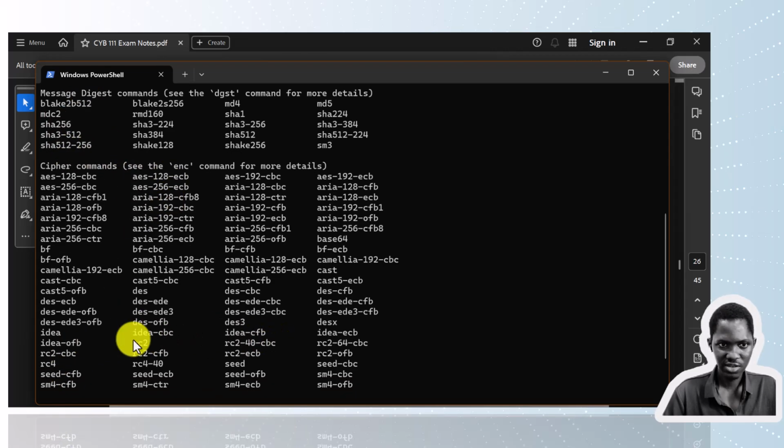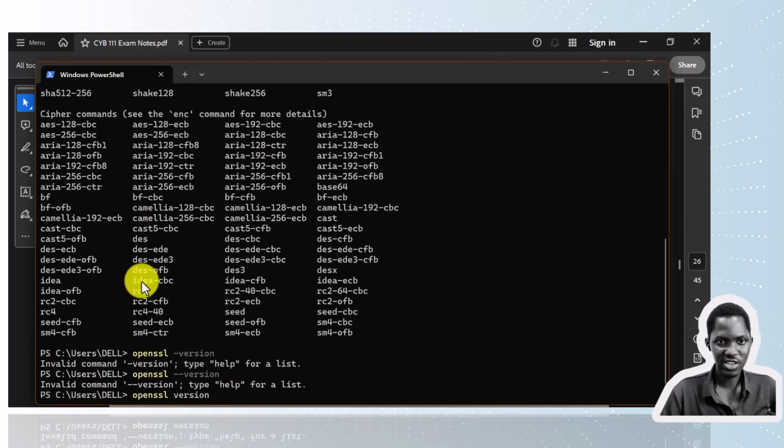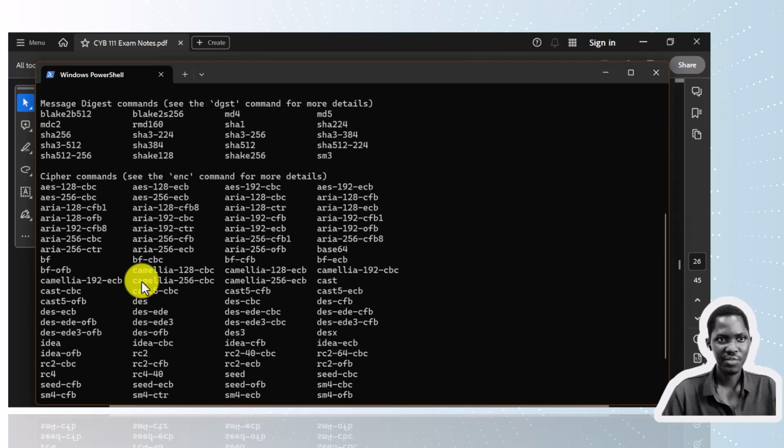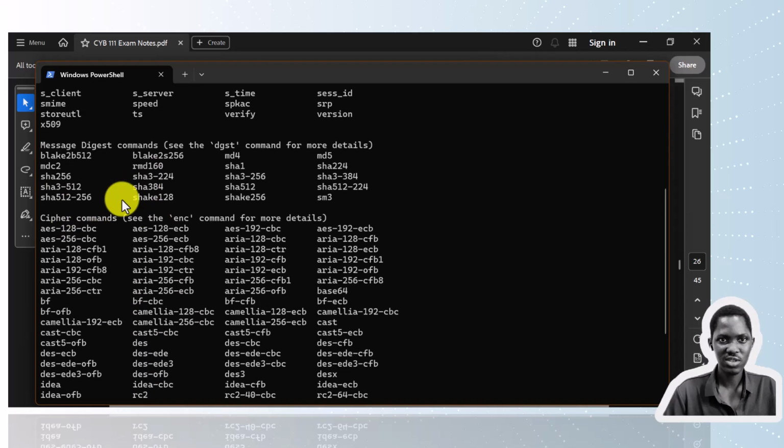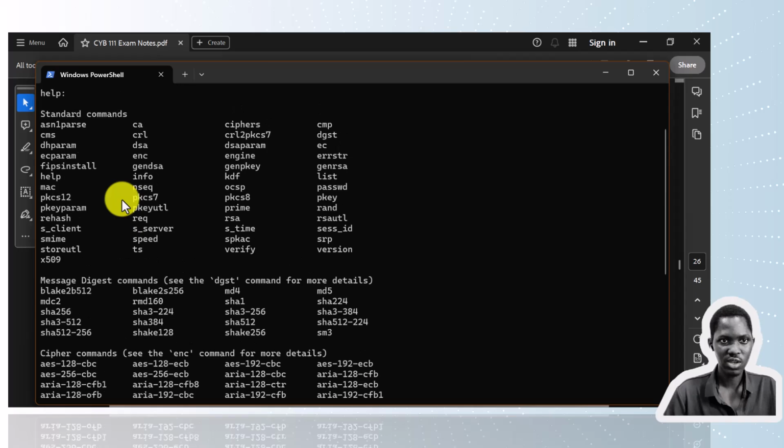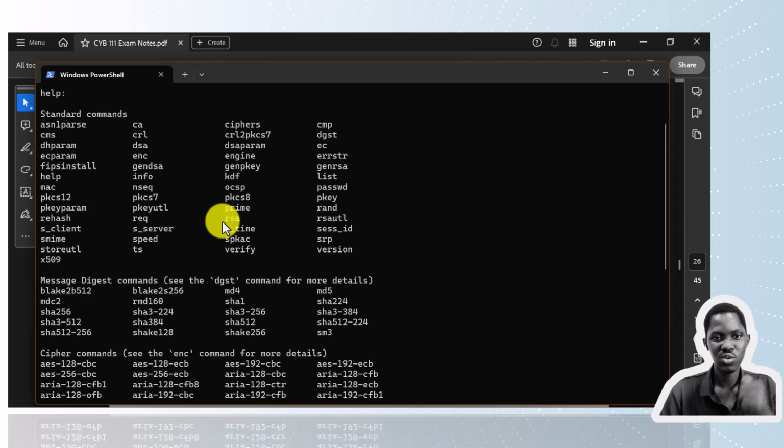I'm trying to find RSA on the list, but there will be RSA, I'm sure of that. You can see a lot of encryption that you can use. These are commands. You can see RSA there. Definitely is going to be there.